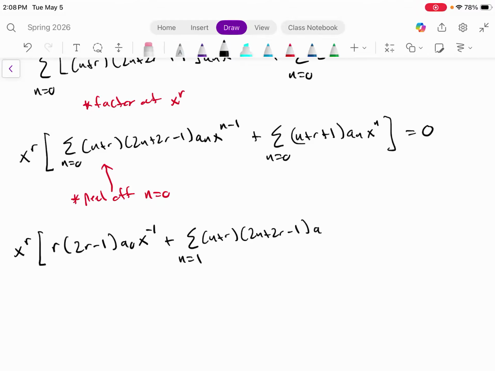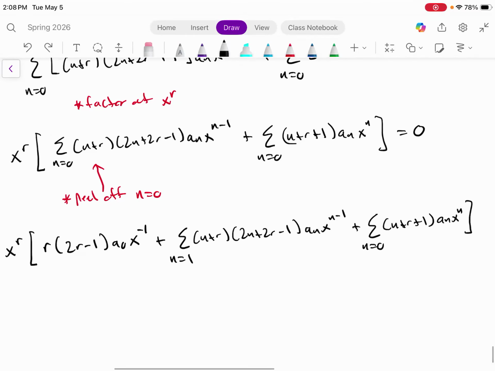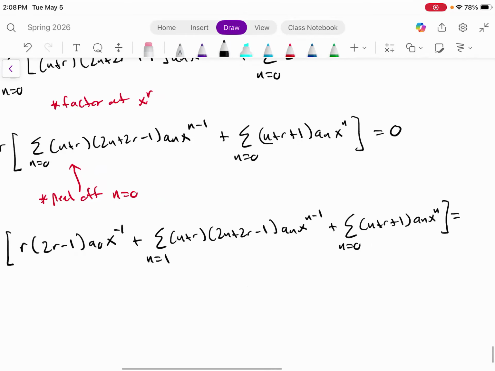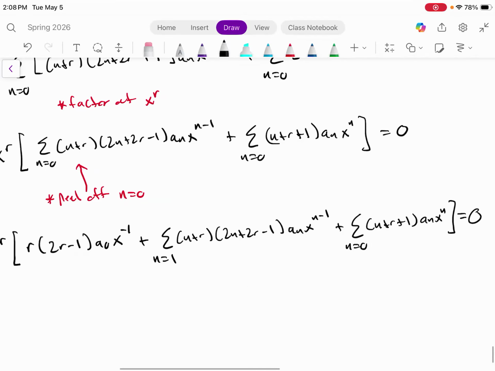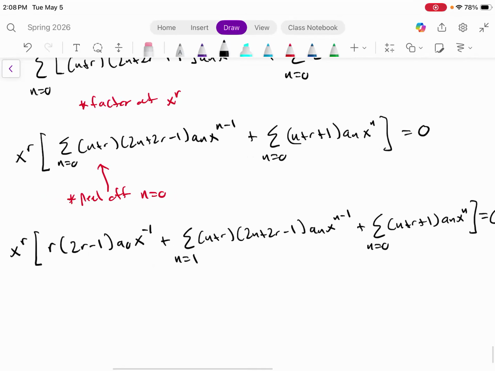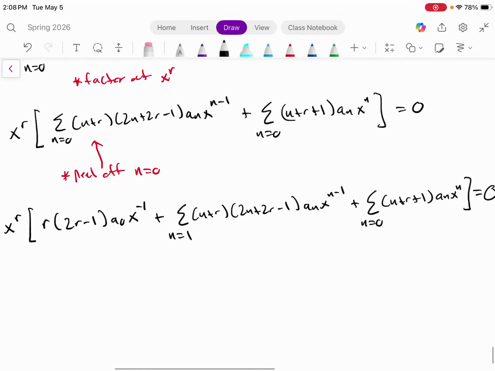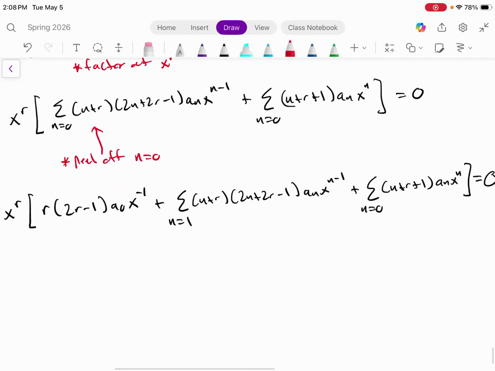Okay, so let me rewrite everything. Our second power series is unchanged, and all equals 0. Let me fix that. Equals 0. Okay, so this one, n equals 0. And the reason we do that is because we want to index shift this power series.